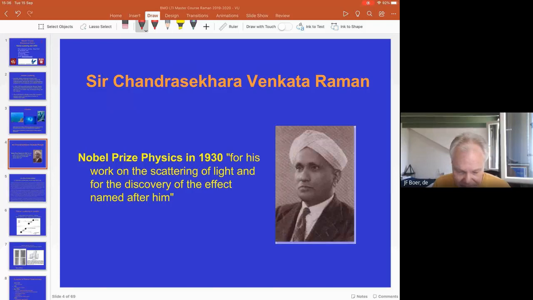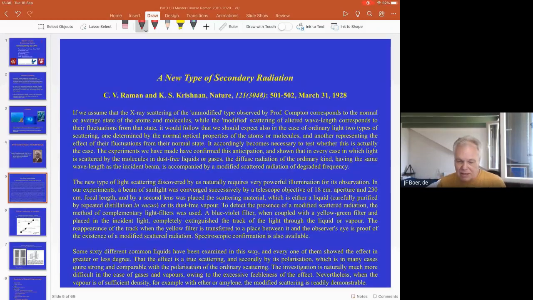And this is the title of the paper that earned him the Nobel Prize, a new type of secondary radiation. It was published in Nature in 1928. And as I've just shown you, in 1930, he already got the Nobel Prize. And that is an example of how important that discovery was regarded at that time. I mean, within 2 years of the discovery of this scattering effect, he received the Nobel Prize.